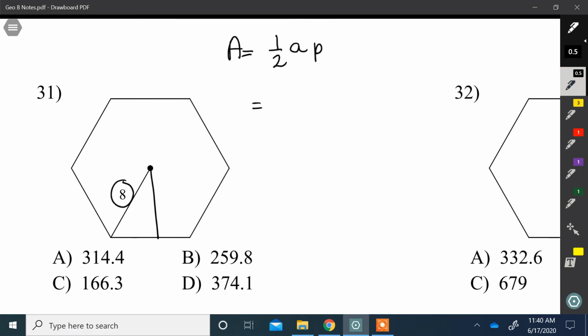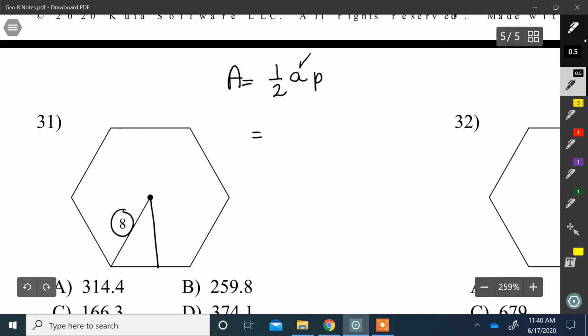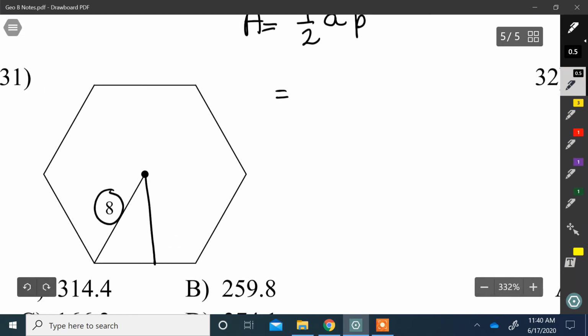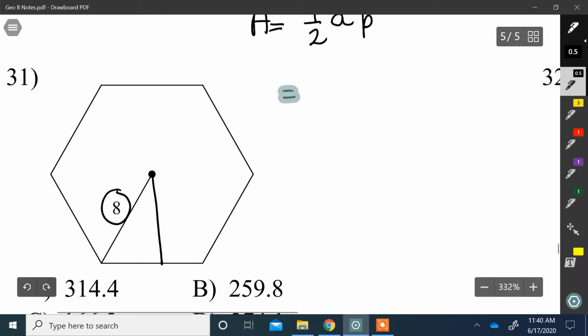So it seems like we need to figure out what that bottom is, and we also have to figure out what the perimeter is. So we have to figure out two things with all of this. And we need to do that using special right triangles. Okay? So hopefully this is not too difficult.